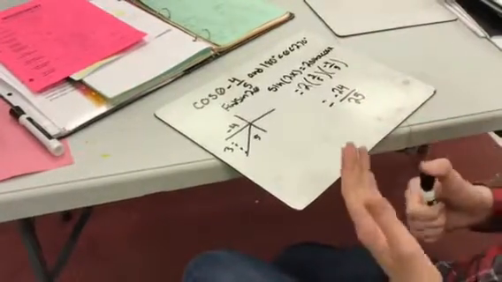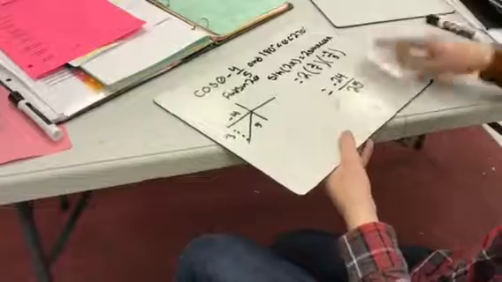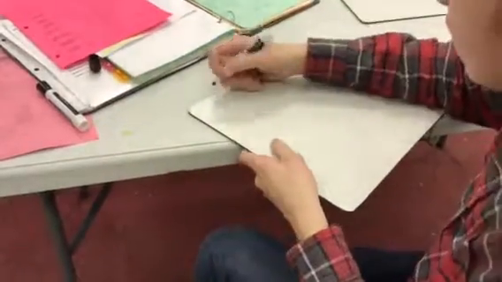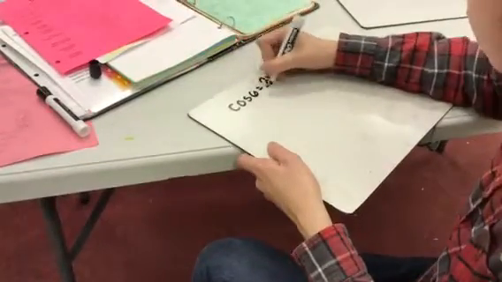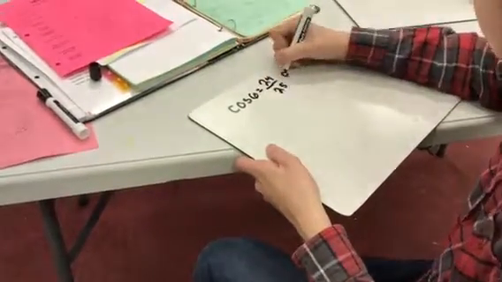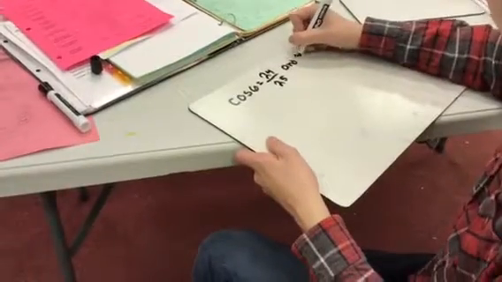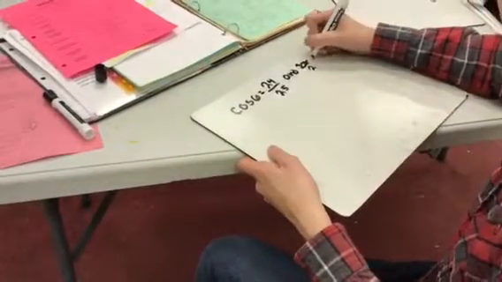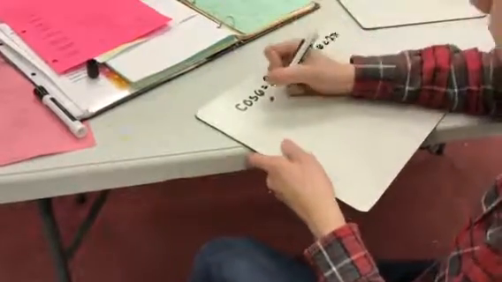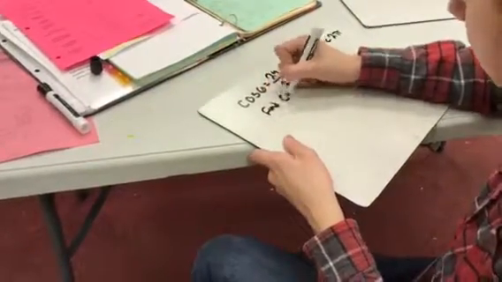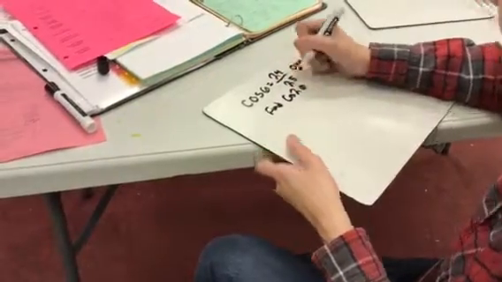However, let's say you want to find the cosine of 2 theta. You're going to erase all this and make a new problem. So this problem could be cosine theta is equal to 24 over 25, and you know that 3 pi over 2 is less than theta, which is less than 2 pi, and you want to find the cosine of 2 theta.